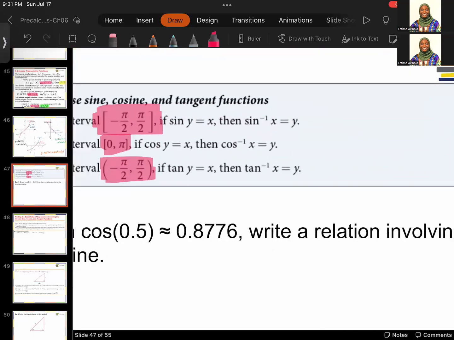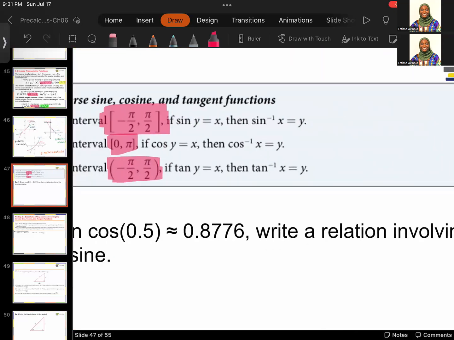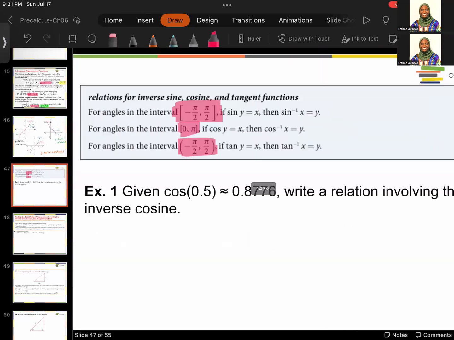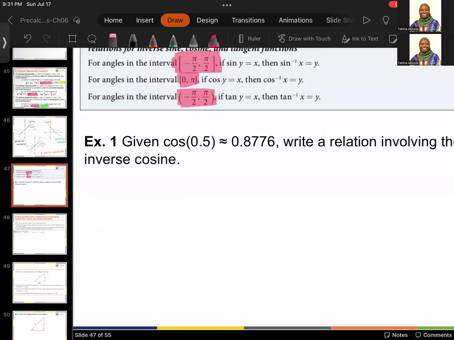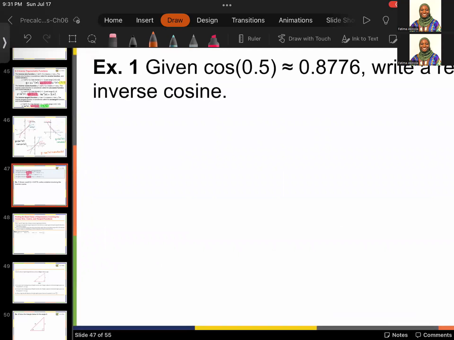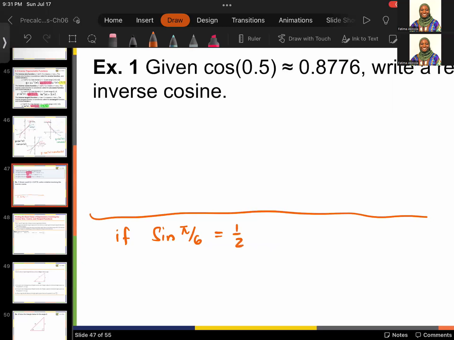So if sine of y equals x, then sine inverse of x equals y. Essentially, if I tell you that sine of pi over 6 is 1/2, then sine inverse of 1/2 is pi over 6.